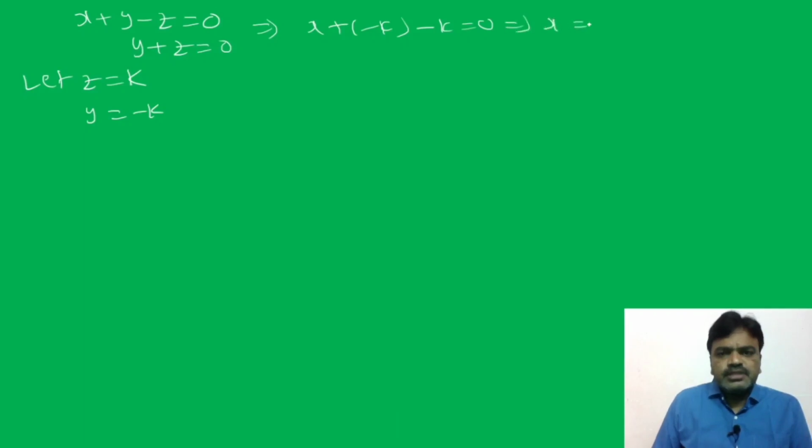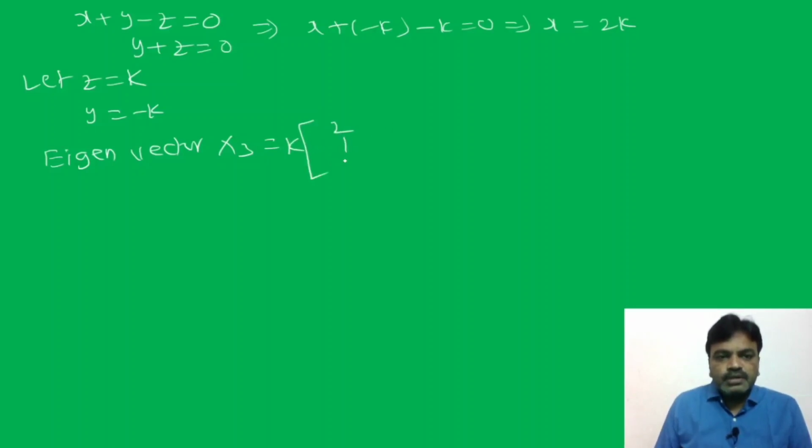Simply X is equal to, we get minus K minus 2K, taking to the right-hand side we get 2K. So eigenvector X3 is equal to, taking K common, 2 minus 1 1. Take K equal to 1, we get 2 minus 1 1.